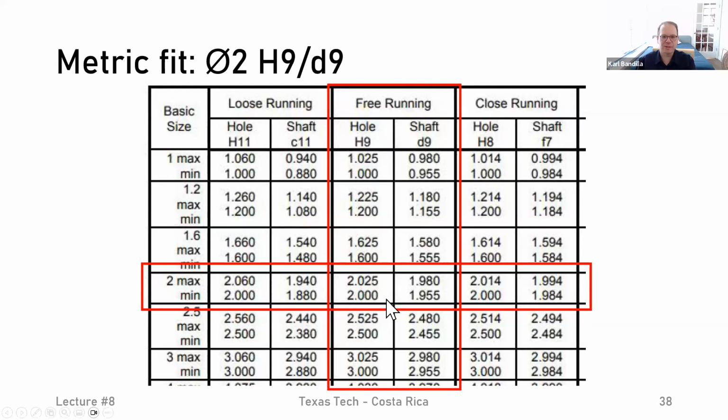You will also see as you go through this that the system is always where the H is, because H basically means that the fundamental deviation is 0. That's what the letter H means. It can be an uppercase or a lowercase h. Uppercase H means it's a hole system. If you see a lowercase h, it's going to be a shaft system. All right, that's how it goes.